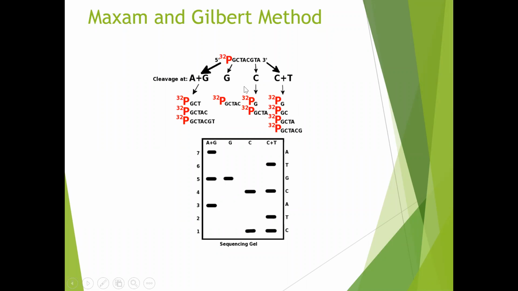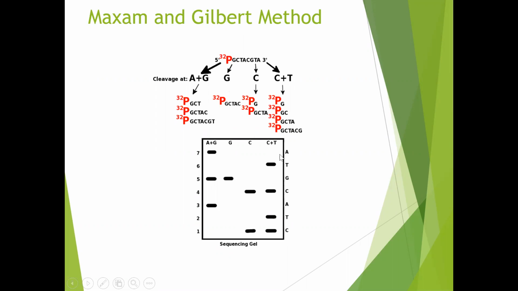Once these reaction products are formed, each will be loaded on a lane of the gel: the A plus G well, the G well, the C well, and the C plus T well. You load these reaction products in 4 different lanes on the gel and allow the gel to run. This is how the bands are formed.